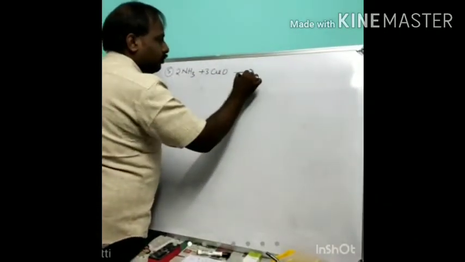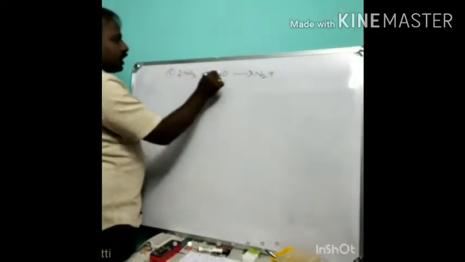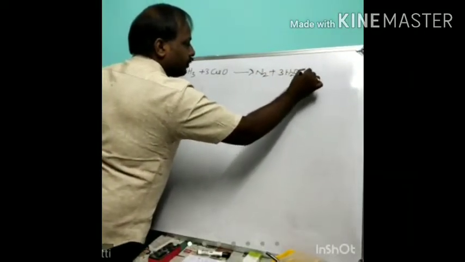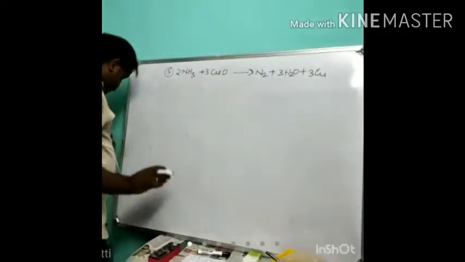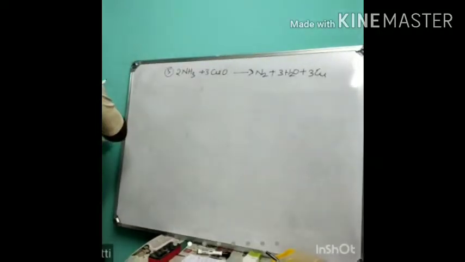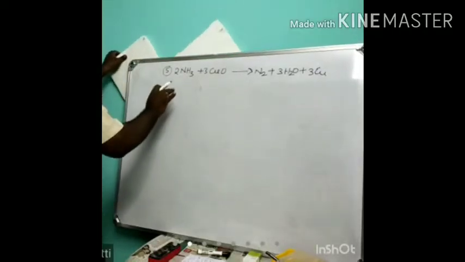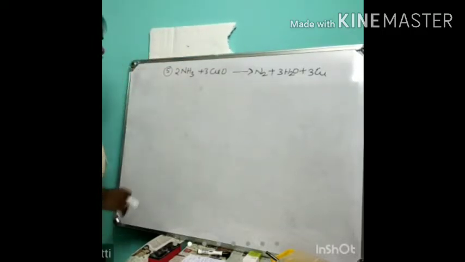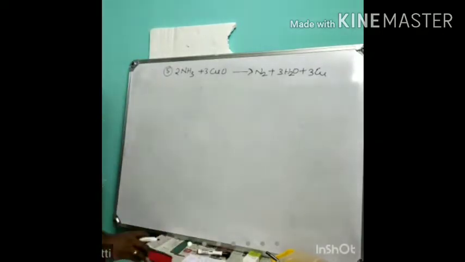This is converted to nitrogen gas, and the 6 hydrogens and 3 oxygens are converted to 3 moles of H2O, and 3 moles of copper will be formed. So this is another method for preparation of nitrogen.